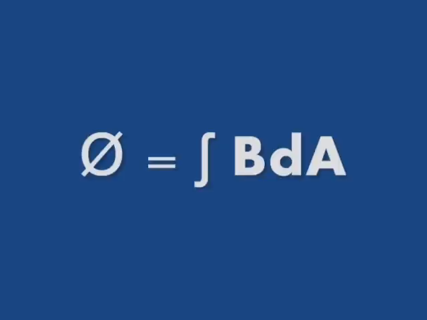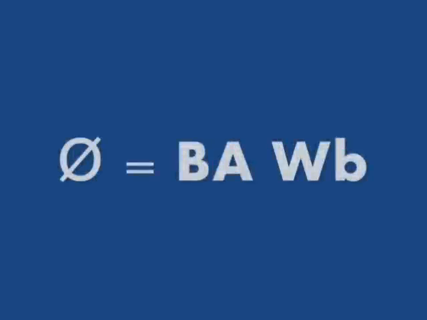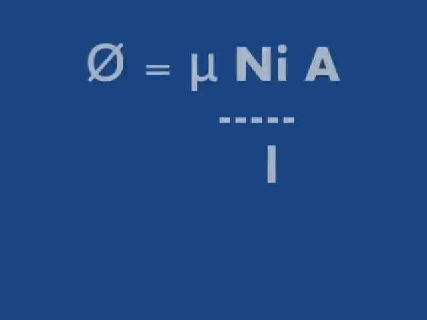Flux equals the integral of B dot dA, which equals BA, in Weber, where B is the average flux density in the core and A is the cross-sectional area of the toroid.